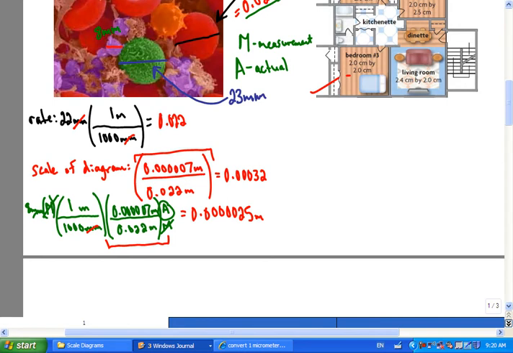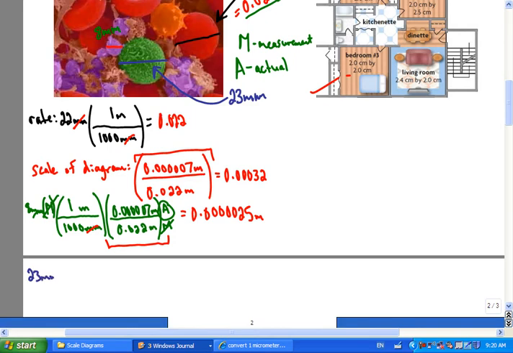So now I'm going to walk you through the conversion one more time, and I'll show you how we can get it into the actual measurement. So we have 23 millimeters, and this is measured. There is 1 meter in every 1,000 millimeters.